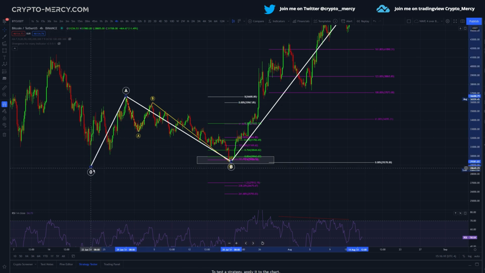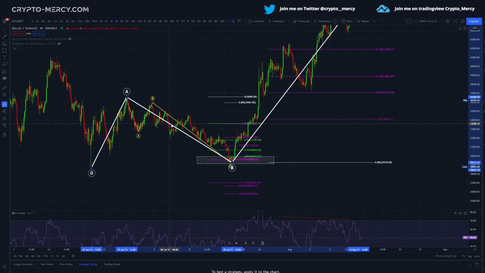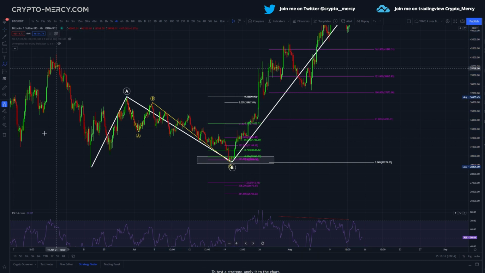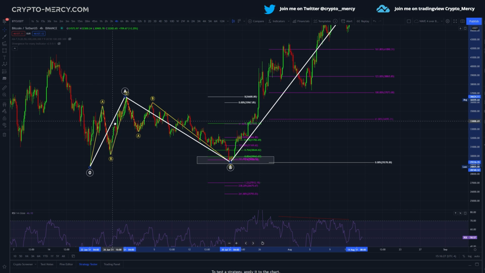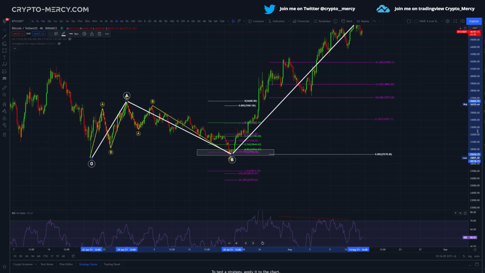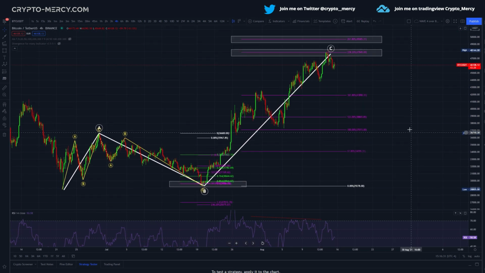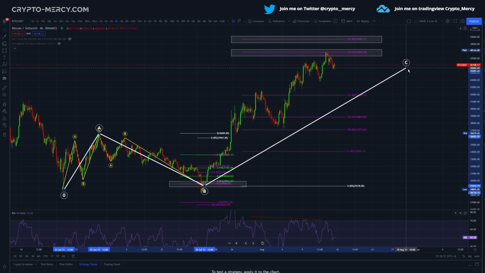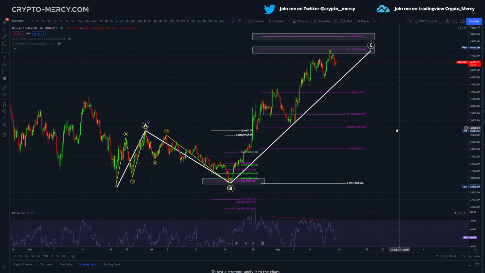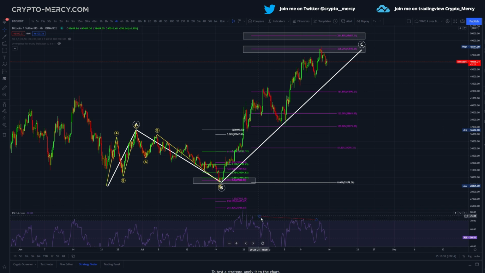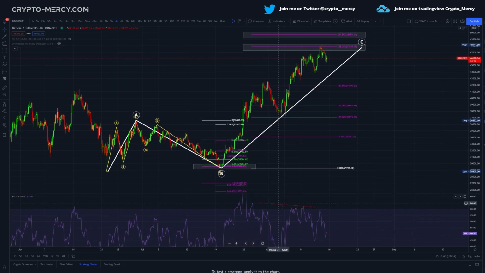Also, even if, like I said, I don't think that this is my favorite scenario, it's a possible scenario. And this became a possibility for me when I knew that this was a possible ABC right here, and to confirm that this ABC was going to be a flat. I'm sorry, this is probably very technical about Elliott waves, but I just want to explain a little bit my process.